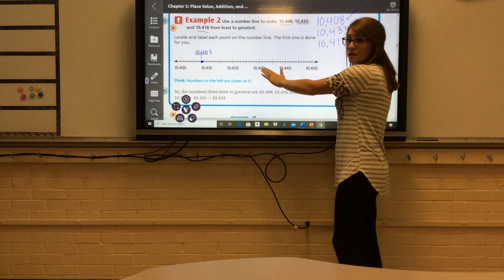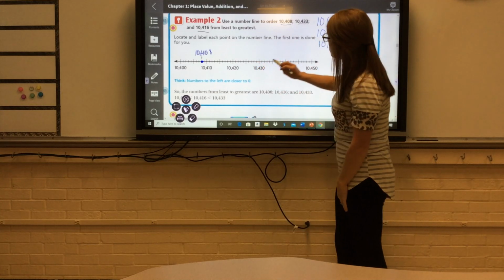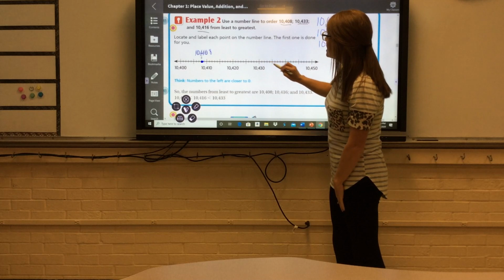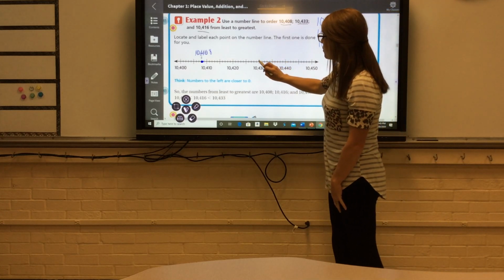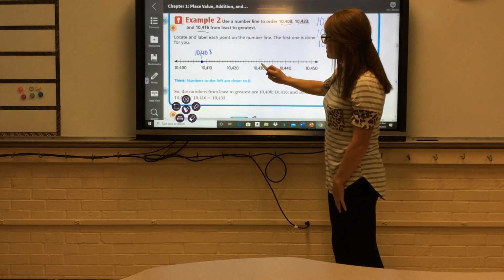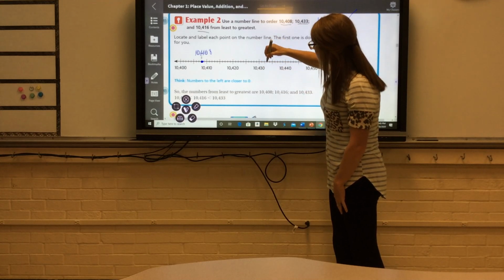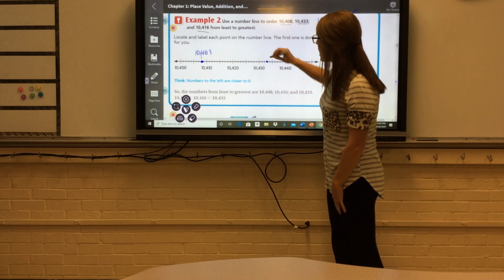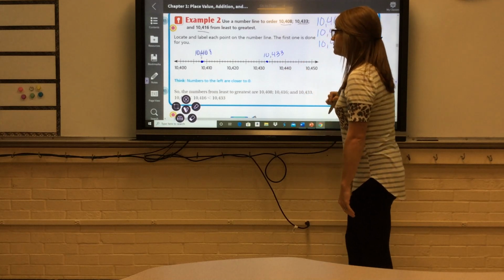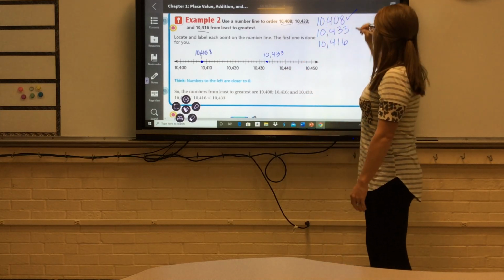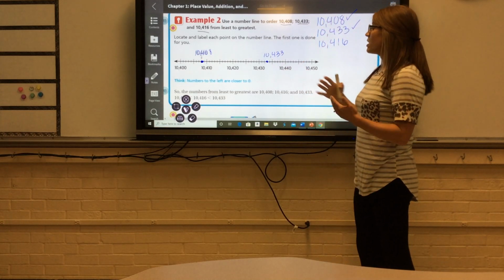So I know that I'm getting pretty close here. So I'm going to use these even smaller tick marks to find 10,433. So 10,430, 10,431, 10,432, and right here I've got 10,433.